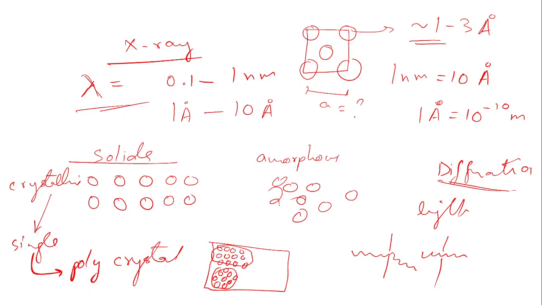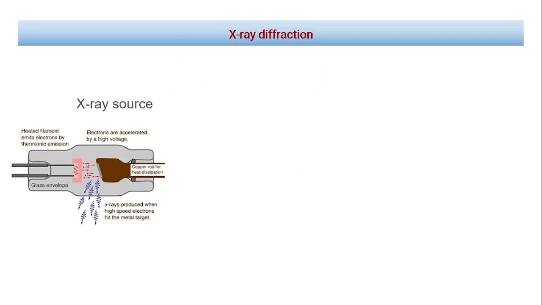So now, how do we get our X-rays produced? We create a small vacuum tube. Inside we have a cathode where we generate very high energy electrons by heating. There are different ways we can generate electrons, but one way is that we heat a metallic filament, giving a lot of current.